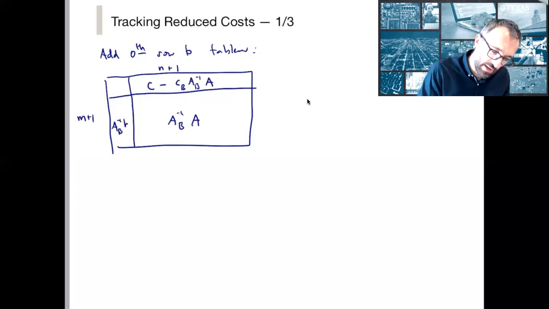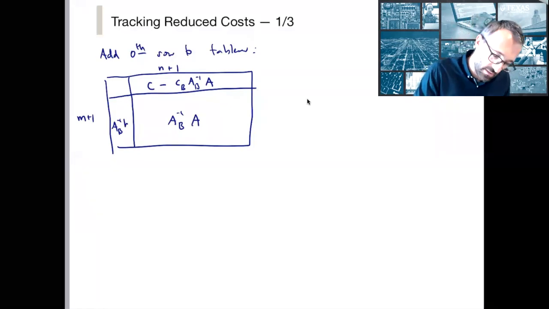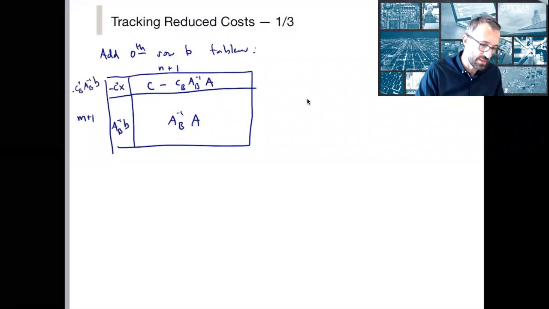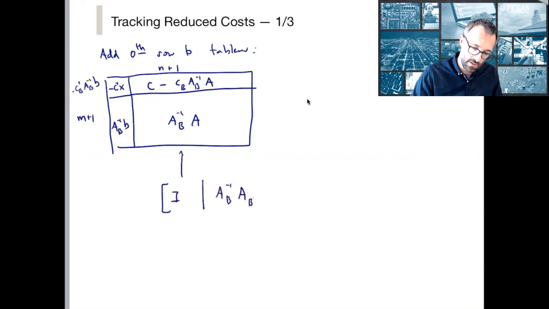And then here, it makes the algebra work out, I'm going to put the negative of C transpose X. So what goes here is negative C transpose X, which is equal to minus CB transpose AB inverse B. And remember that this is equal to identity and AB inverse AB complement.